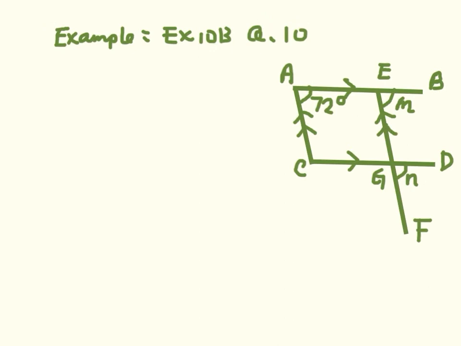Let's see an example. In exercise 10 question number 10, you can see that M and 72 degrees are corresponding angles. Also, AC and EF are parallel. So we can write M is equal to 72 degrees.